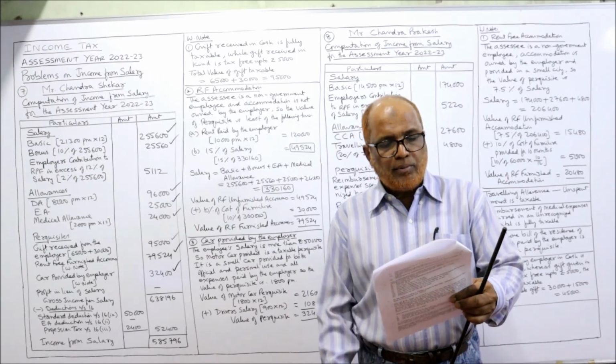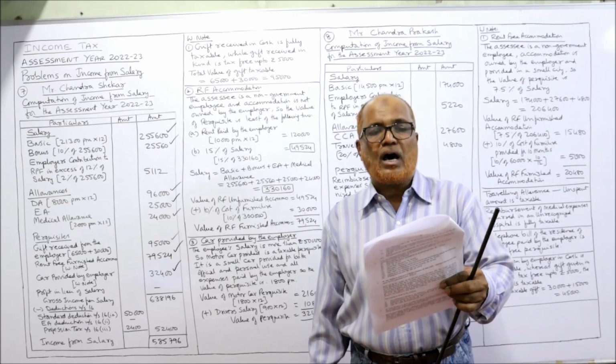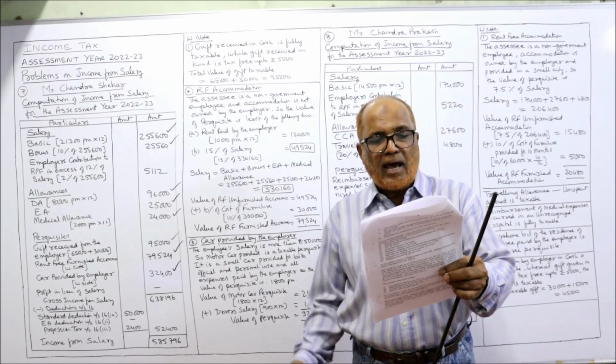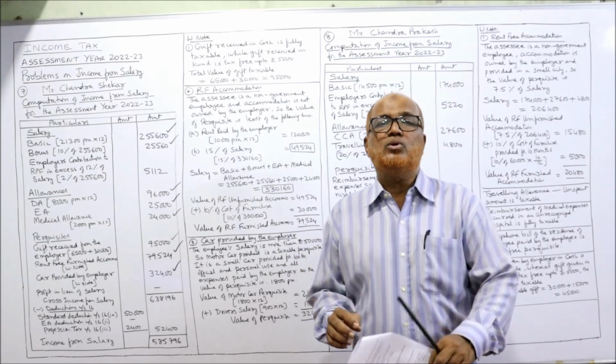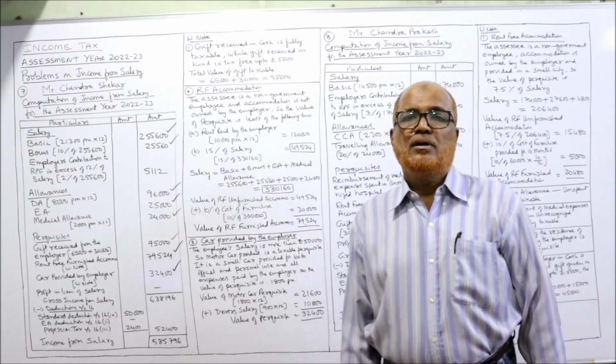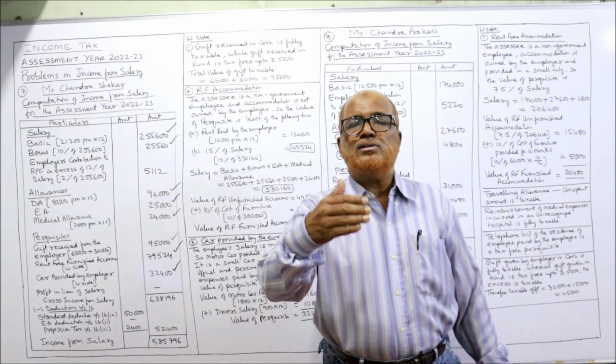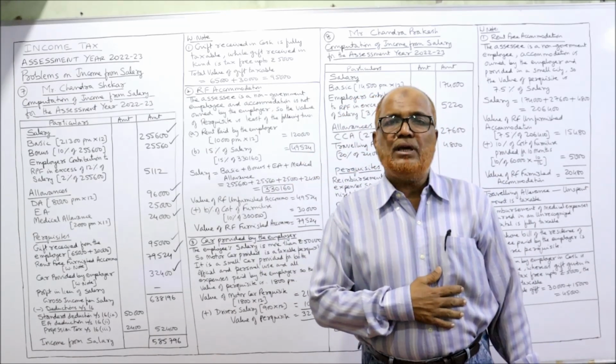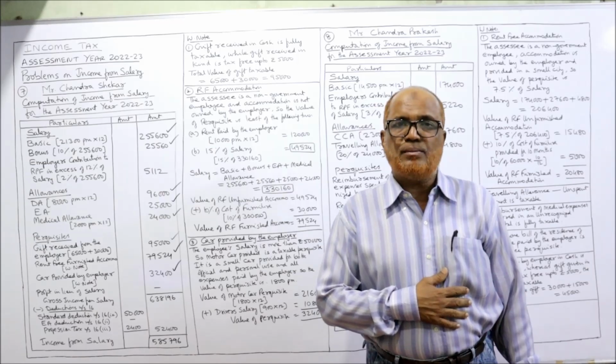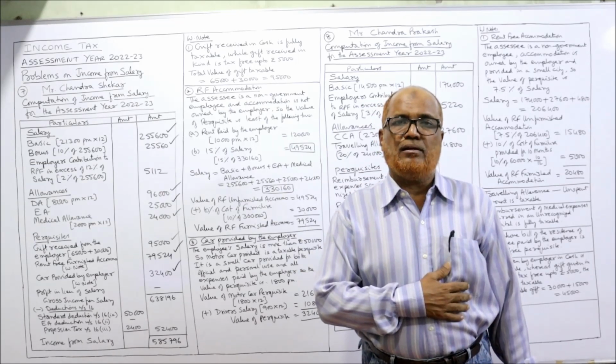Then his contribution to recognized provident fund, RPF, is 12% and the employer's contribution is 14%. Already in most of the problems we have done, the employer's contribution to RPF is taxable over 12% of salary.